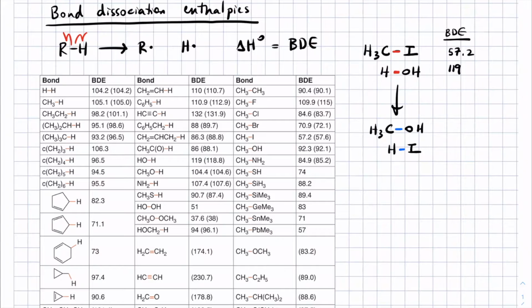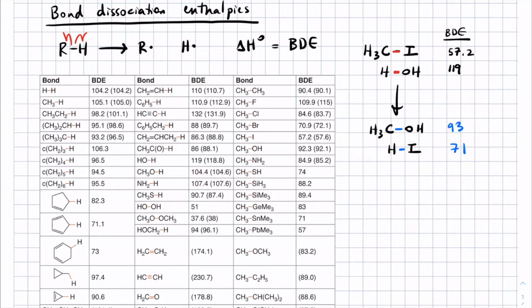Okay, the carbon oxygen bond in methanol is, sorry about that folks, 93 kcals per mole. And then the bond dissociation enthalpy for the bond in HI is 71.